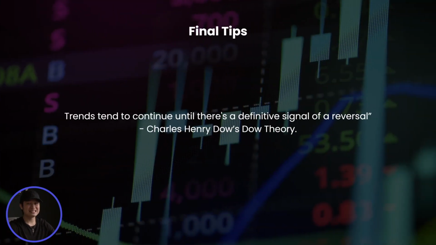Okay, so the next one is the final tips. Trends tend to continue until there is a definitive signal of a reversal. I have quoted this from Charles Henry Dow from Dow Theory.